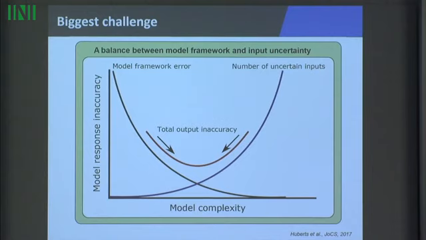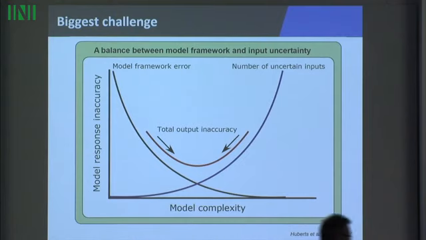That means I make a model more and more complex so that I come more and more closely to the real system. But the disadvantage of doing that is that the number of model parameters will increase, and as a consequence, also the uncertainty due to uncertainty in my model parameters.